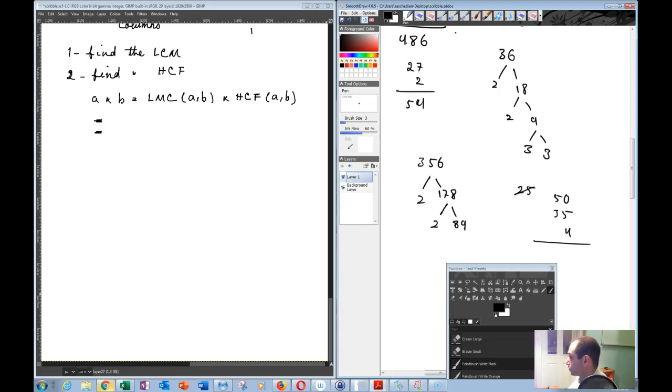Okay, so for example, let's say you want to find the LCM of 6 and 20, right?